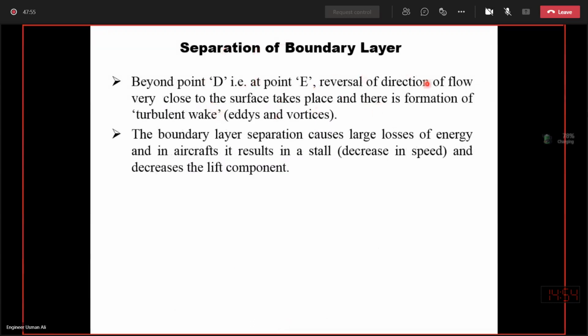Beyond this point, reversal of direction of flow very close to the surface takes place, and there is formation of turbulent wake, that is eddies and vortices. Boundary layer separation causes large losses of energy, and in aircraft it results in stall, that is, decrease in speed and decrease in the lift component.